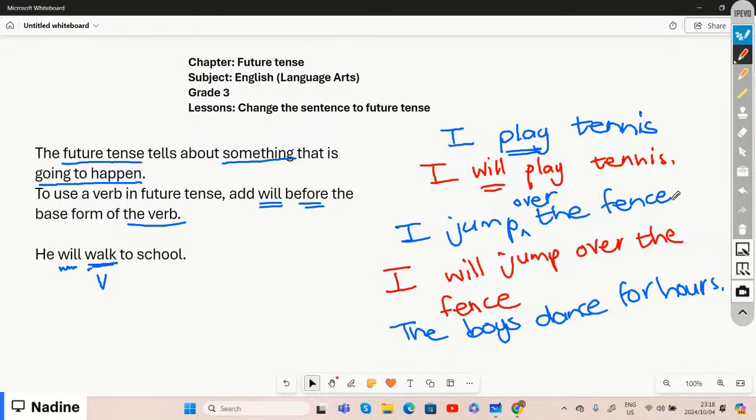All right, yes. And if we were to change that present tense sentence of the boys dance for hours and we change it to the future tense, right? And then we say the boys will dance.